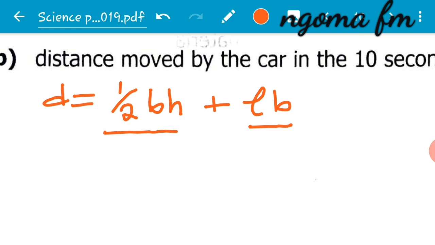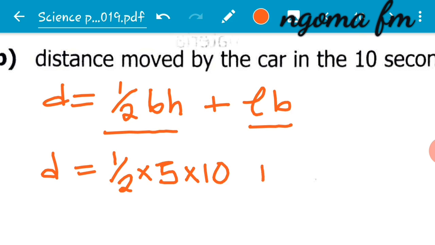Okay. So now we just substitute. D is equal to half times B, which was 5, times height 10, plus L was 10, times B was 2.